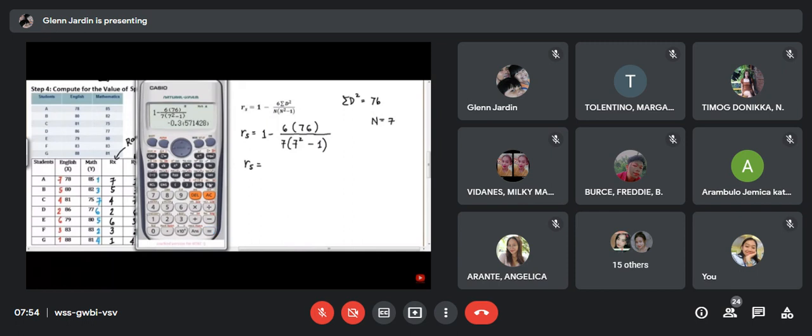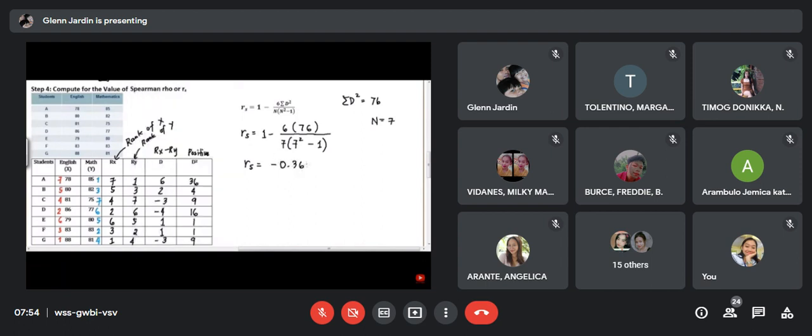So, equals, ayun. So, ang sagot is negative 0.35. So, ano na to guys? Continuous na to. So, negative 0.36 na to guys. Okay? Kasi 7 yung karugtong. So, negative 0.36. So, that would be our R sub S or Spearman rho. Okay? So, mamaya na yan.